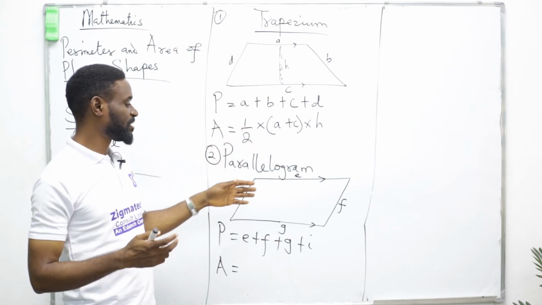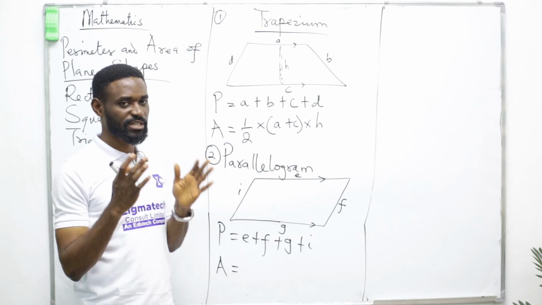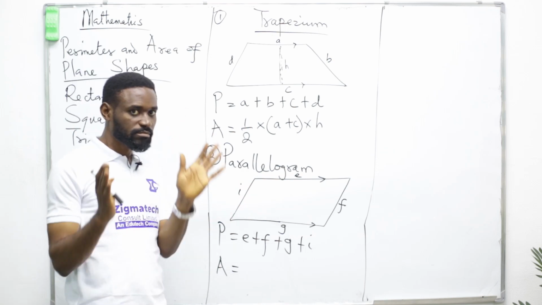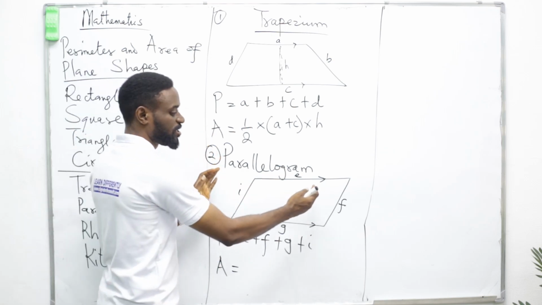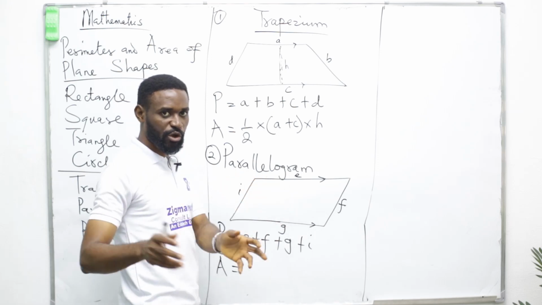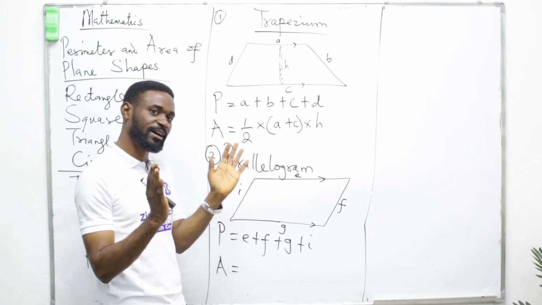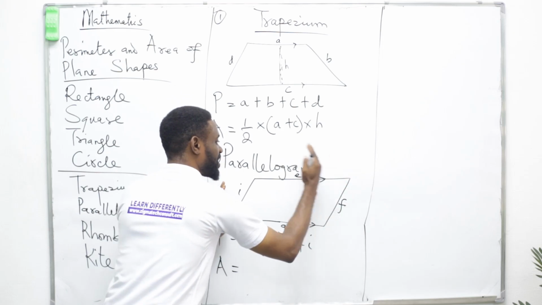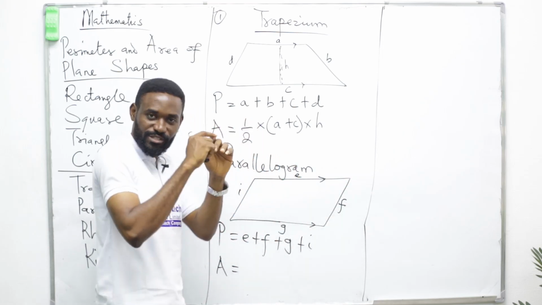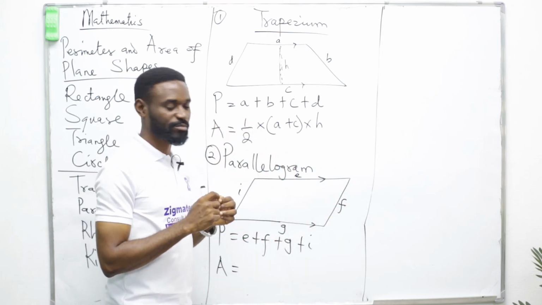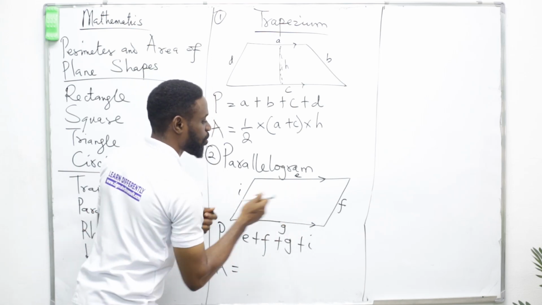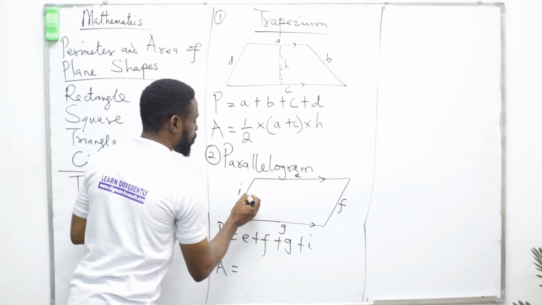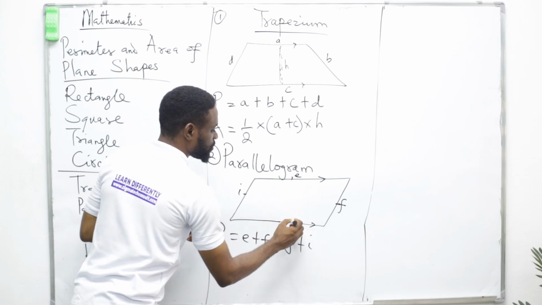You remember I told you that parallelogram is just like a rectangle but in a slanted form. It means even when you have a shape in real life, if we can bend this thing again, you see that it will give us a good rectangular shape. So this side and this side, they are equal. This side and this side, they are also equal. Do you get the point now?